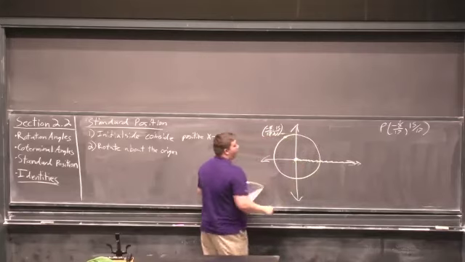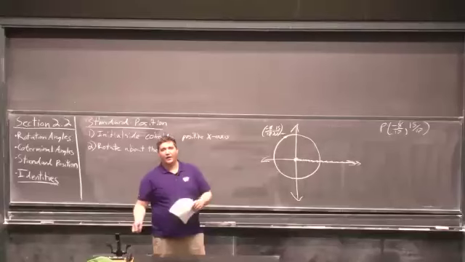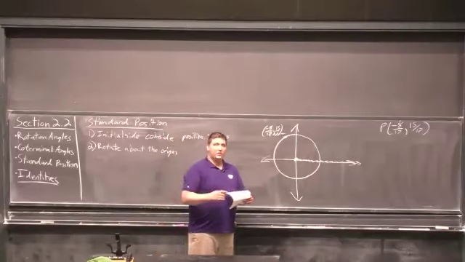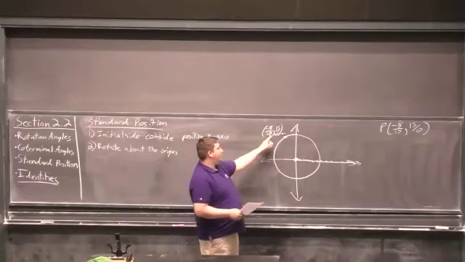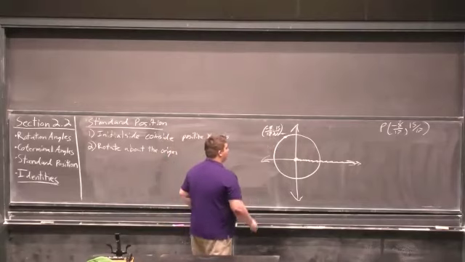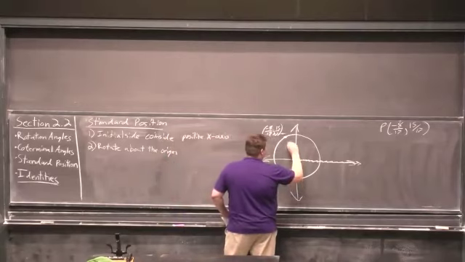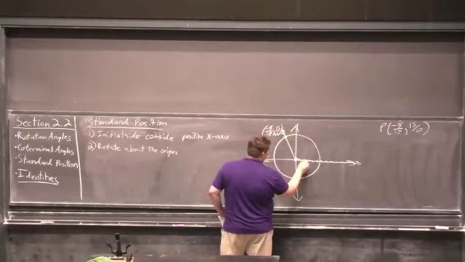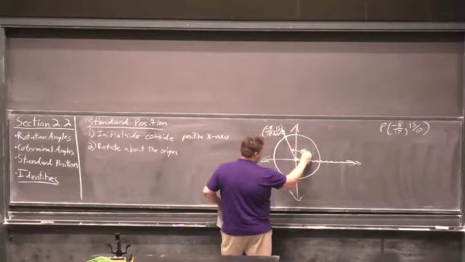So we want our terminal side to intersect or contain this point P, meaning we have an angle such as this. Let's call it alpha.